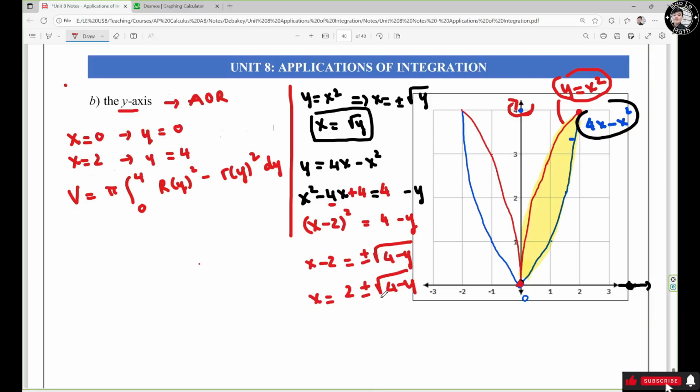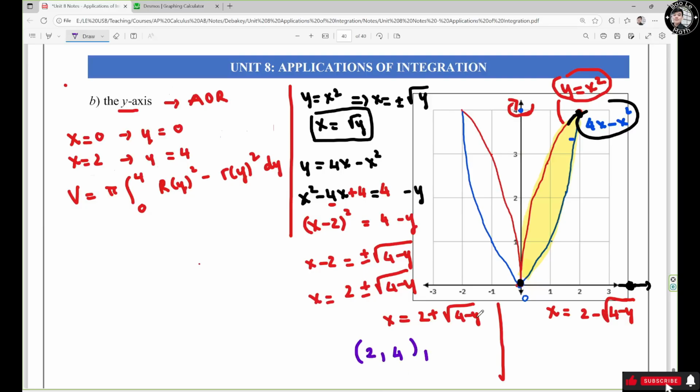Now I'm going to graph these two: s equals 2 plus square root of 4 minus y, and s equals 2 minus square root of 4 minus y.